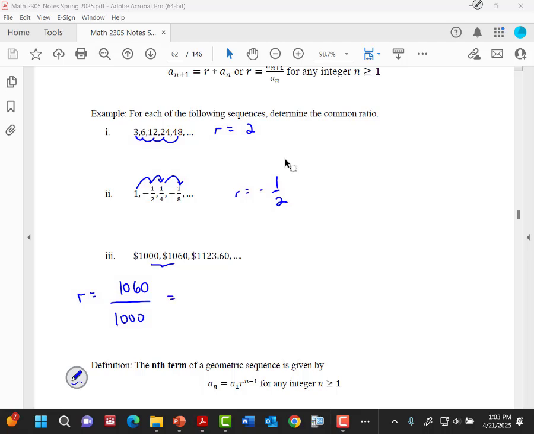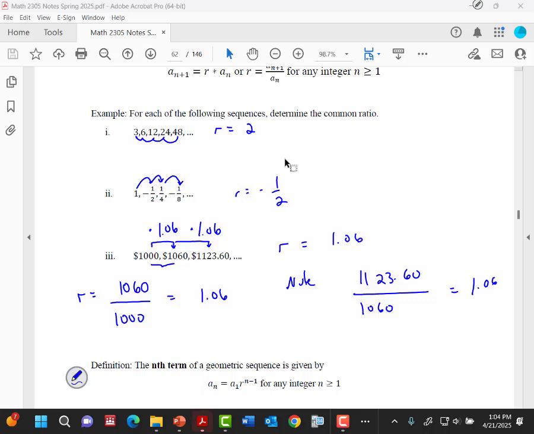If I divide those out, I get 1.06. And if I do the same thing again, 1123.60, the third term, divided by the second term, 1060, I'll also get 1.06. So what I'm doing to get from one term to the next is multiplying by 1.06, and so that is my common ratio R.